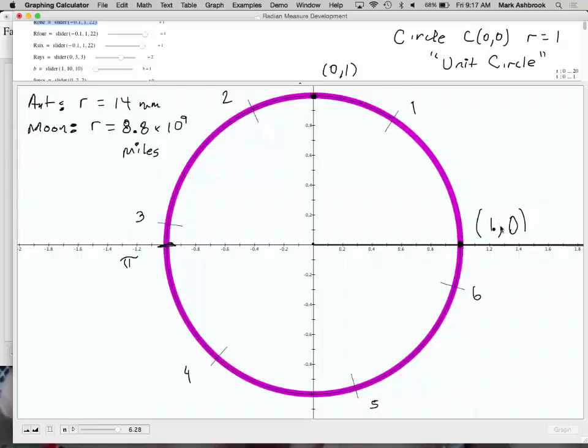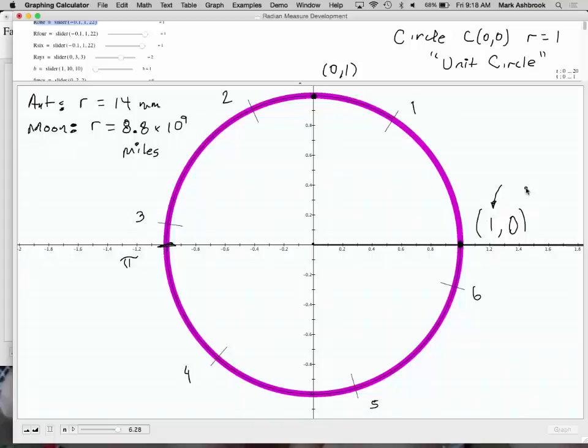What would this point mean then, this ordered pair 1, 0, if this is the circle of the ant walking in a circle of radius 14? What would the 1 mean? 1 would stand for what? 1 what? 1 meter? Which is?